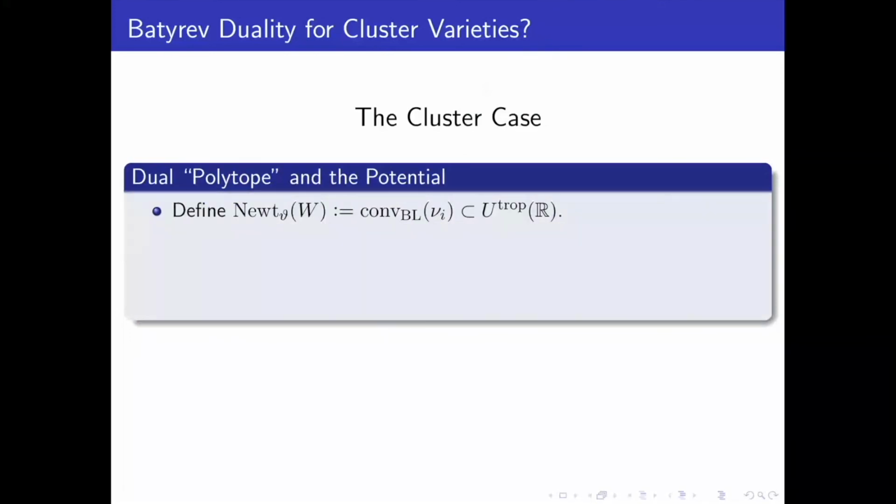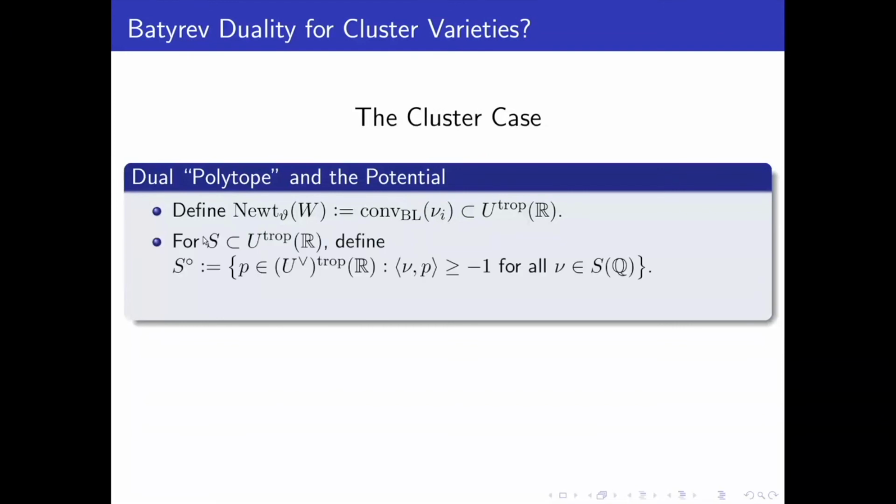So I want to get a notion of a dual polytope and relate it to the potential. I can just take the theta function analog of the Newton polytope of W, as the broken line convex hull of the integral tropical points associated to summands of W. And I can define a dual in terms of the tropical pairing.